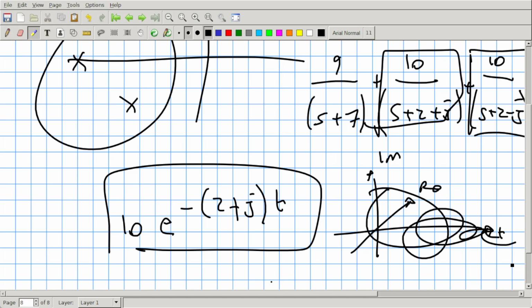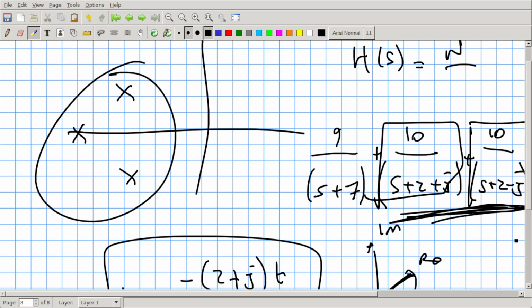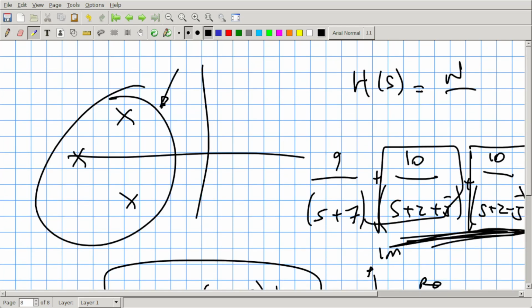If you sum up those two, what do you get? e^(-2t) cosine t. Euler formula. See? This is the main message. We have 3 poles.